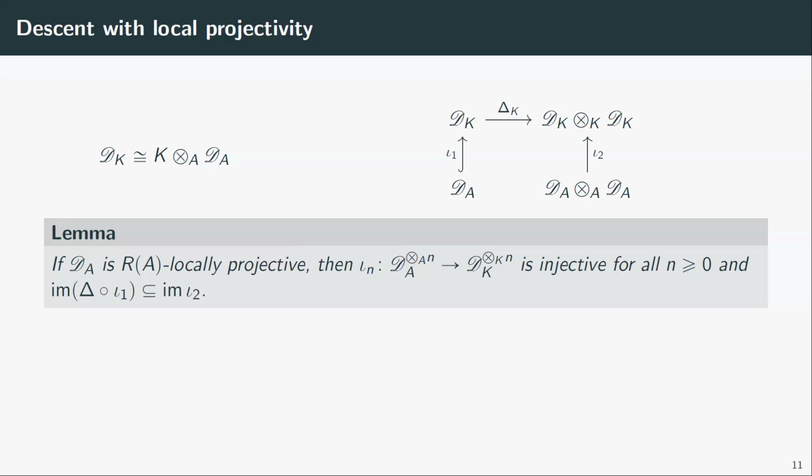I should have mentioned it in the definition of a Hopf algebroid, but it follows from the fact that for any Hopf algebroid, for any H, the co-multiplication and the co-unit interact in such a way that epsilon of H1 times epsilon of H2 B is equal to epsilon of H B. So that's one property satisfied by Hopf algebroids.